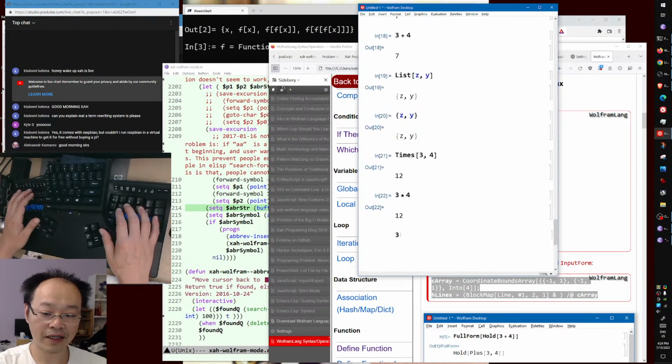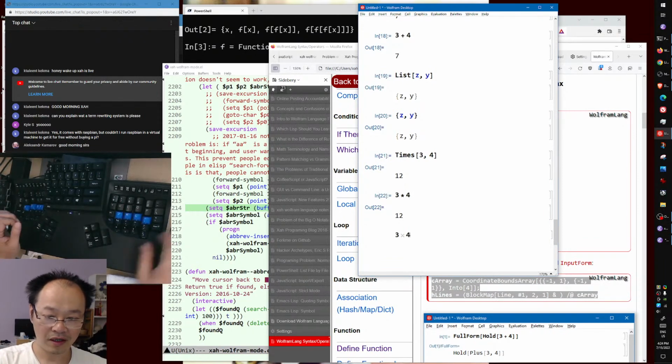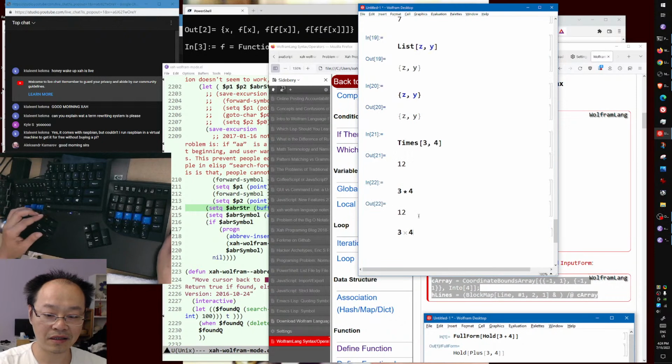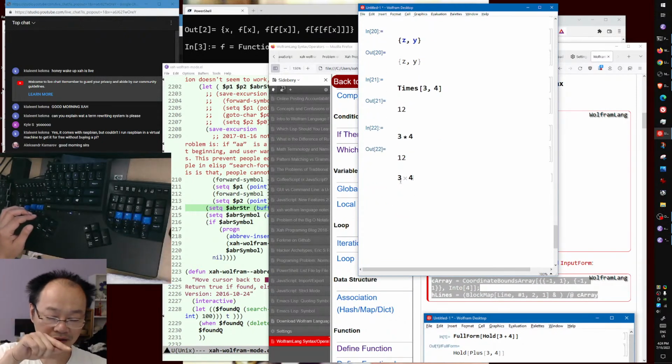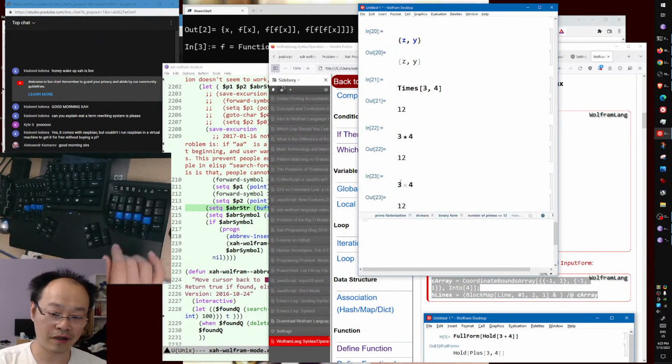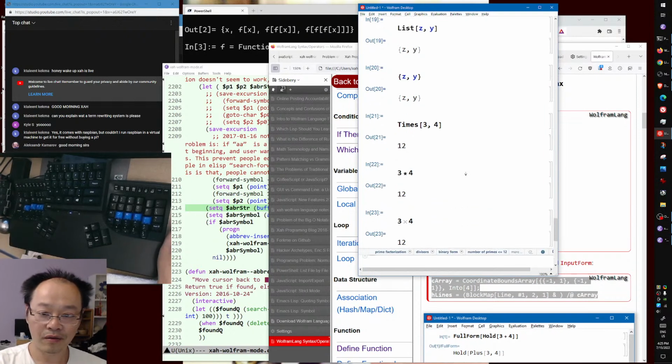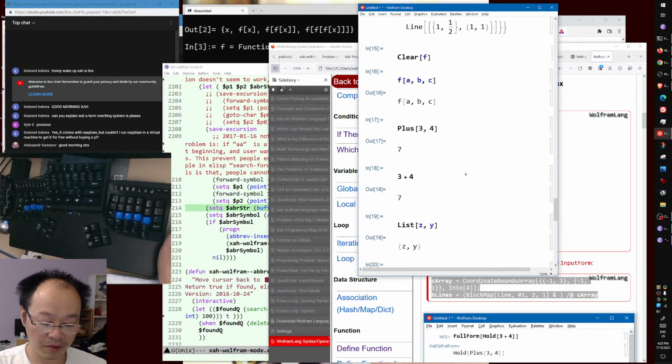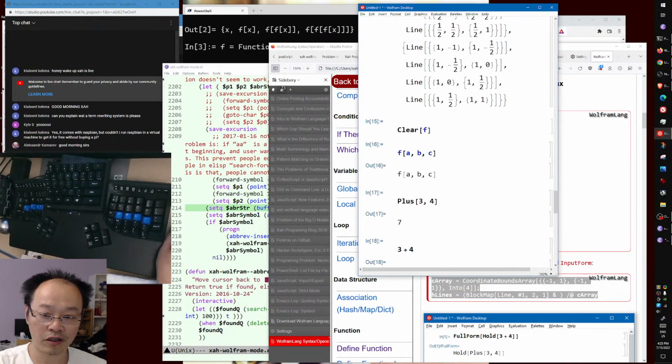In fact, between them you can use a space. You can just type a space 4. It automatically adds this grayed-out cross, telling you there's an implicit multiplication. So the point to remember here is that every expression is a function followed by something.